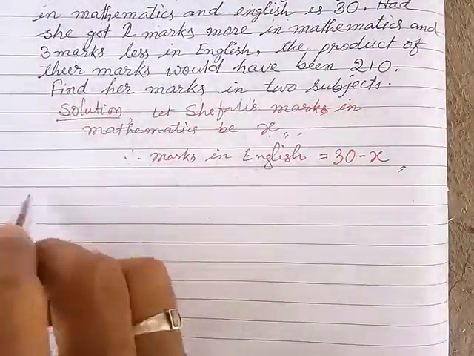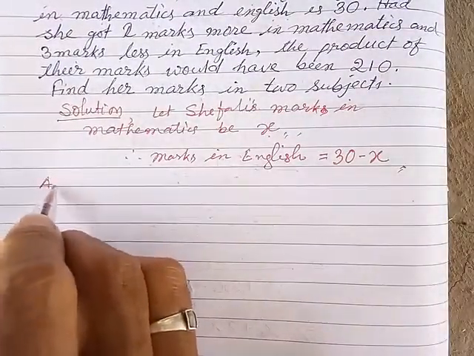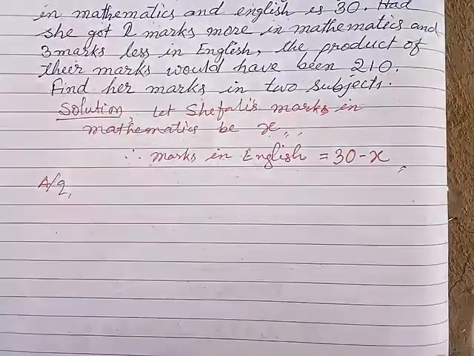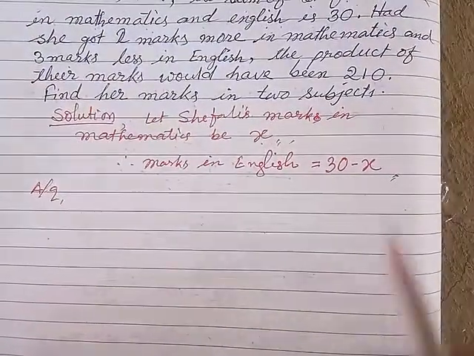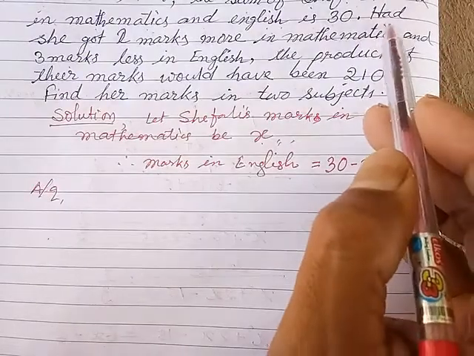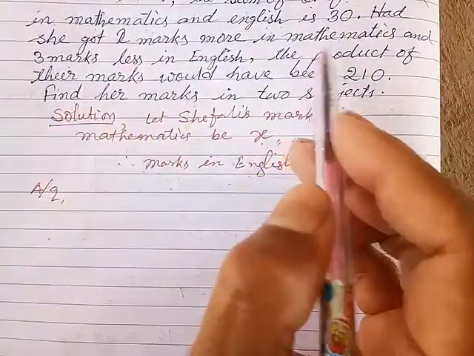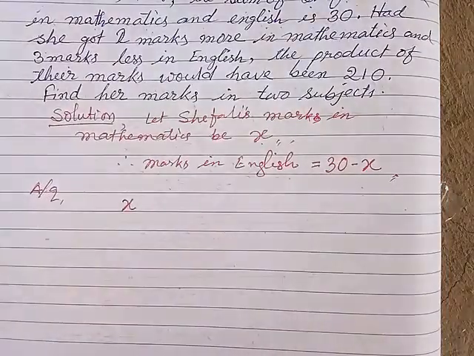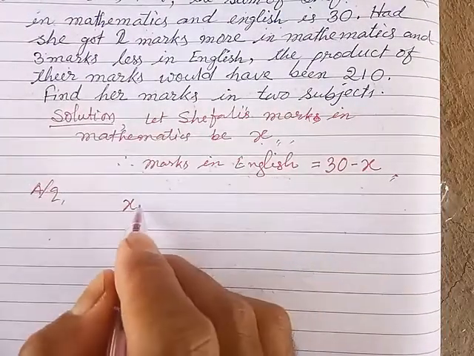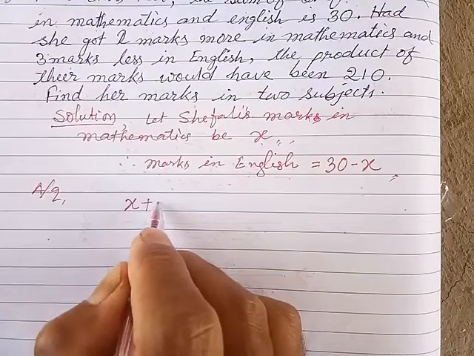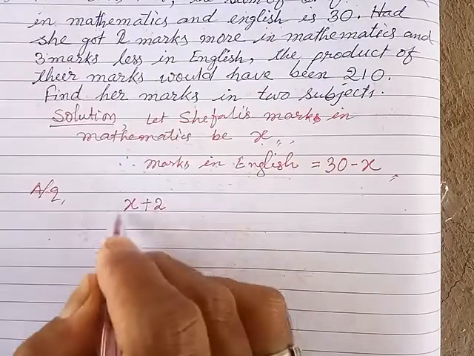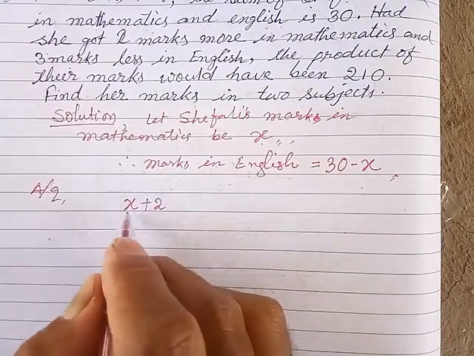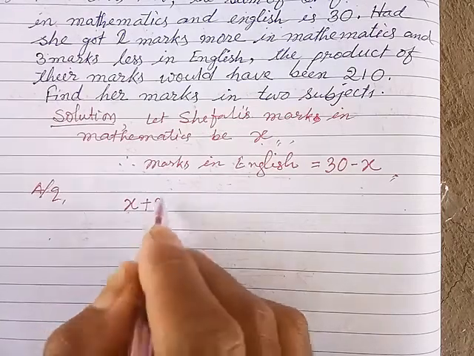Now according to the question, what is the given condition? Had she got 2 marks more in mathematics, suppose this is mathematics marks, if she got 2 marks more in mathematics, her marks will be X plus 2.